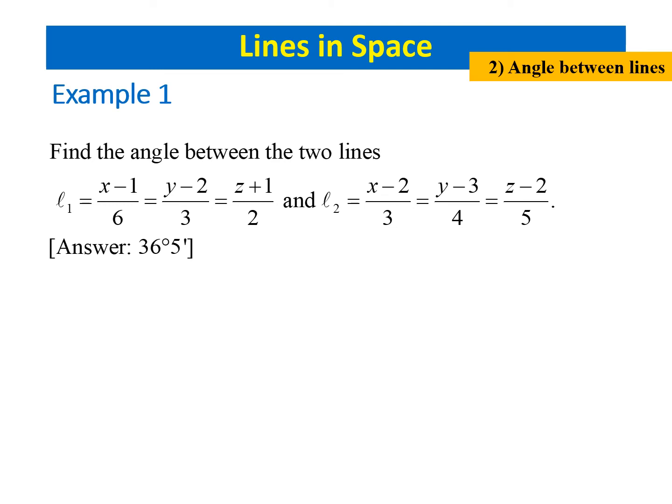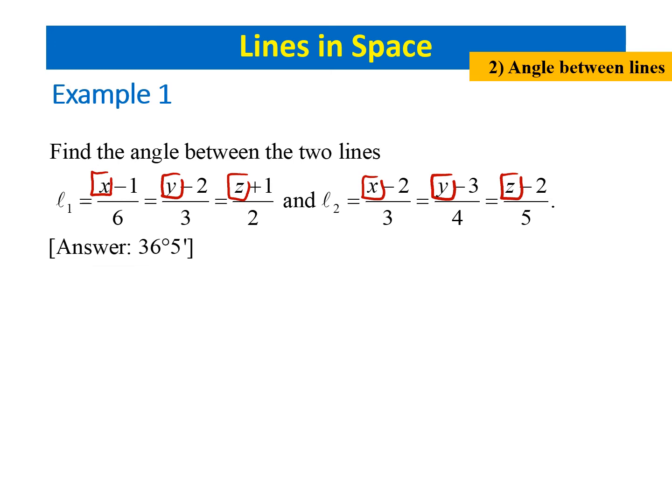However, before we find the vector from the symmetric equations, we have to make sure our x, y, and z for both equations are multiplied by positive 1. So here, all x, y, and z are multiplied by the constant plus 1. So we don't have to change anything.